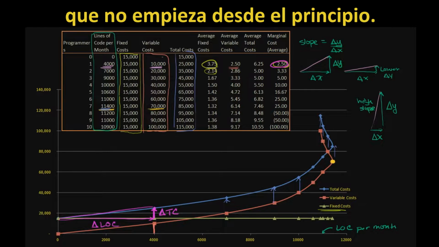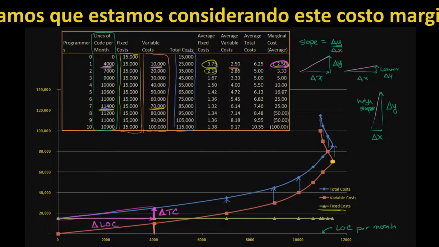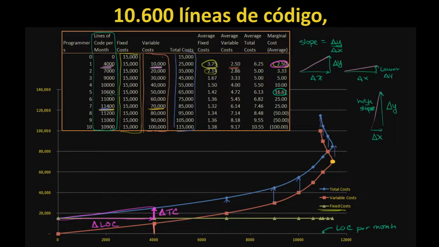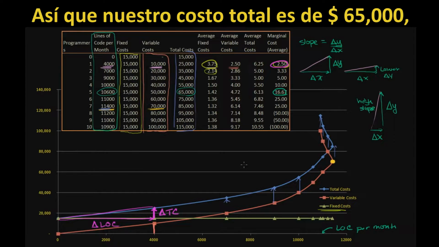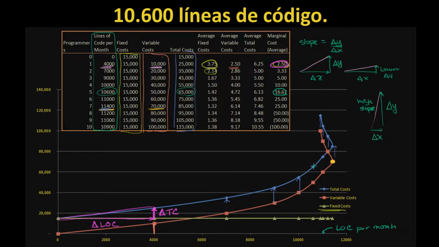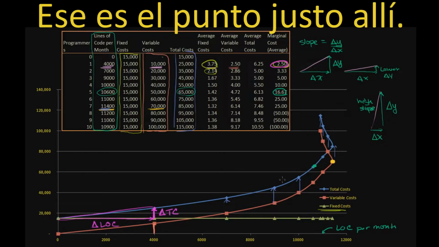Let me go to another arbitrary point that doesn't start from the beginning. So let's say we're looking at this marginal cost. This was when we're talking about 10,600 lines of code, and our total cost was $65,000. So that's that point right over there.